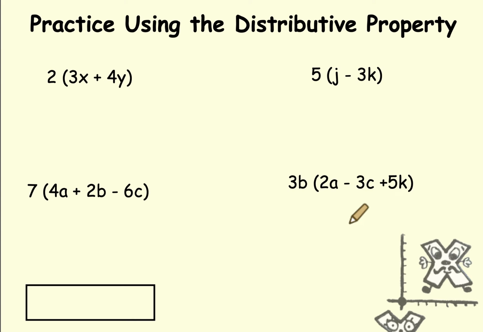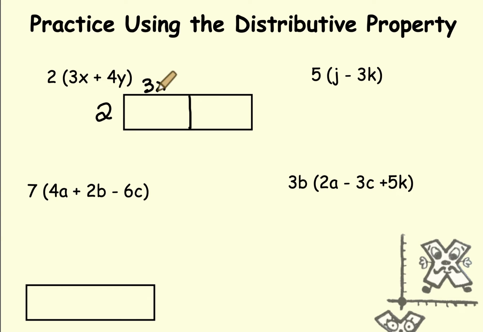So let's practice using the distributive property. On your own, try to do them. You can pause the video, or you can do them with me. Let's see what we got. If I was going to do this one here, I'm distributing to two terms. I have my factor 2, and my terms 3x plus 4y are my setup.